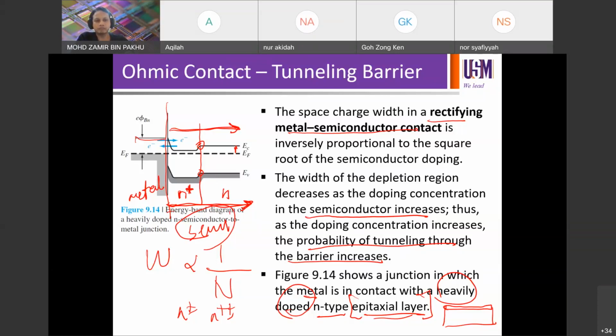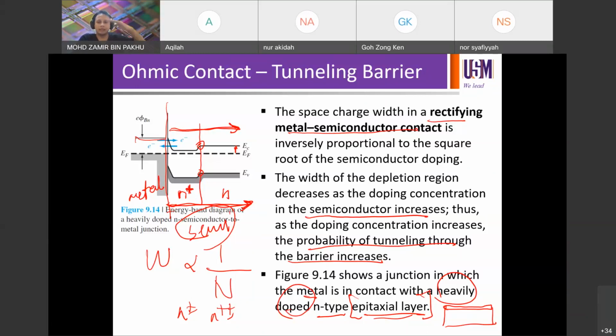So if you see in N plus, look at the EC, the distance between EC and EF. Is EF closer to EC or not in comparison to N-type only? Closer, right? So we learned last time about the definition of EF, right?